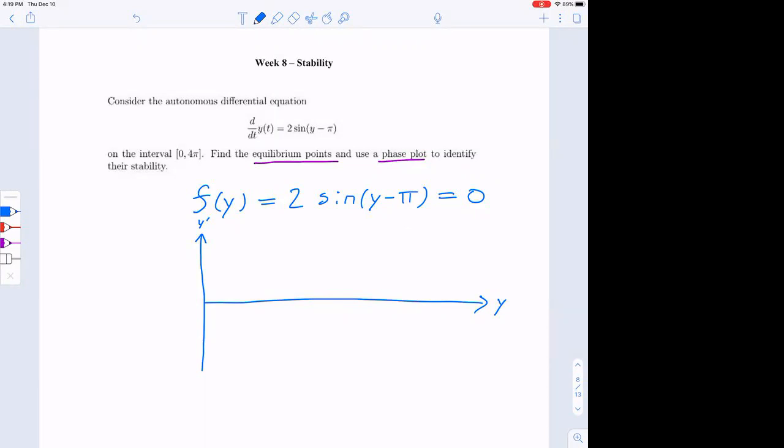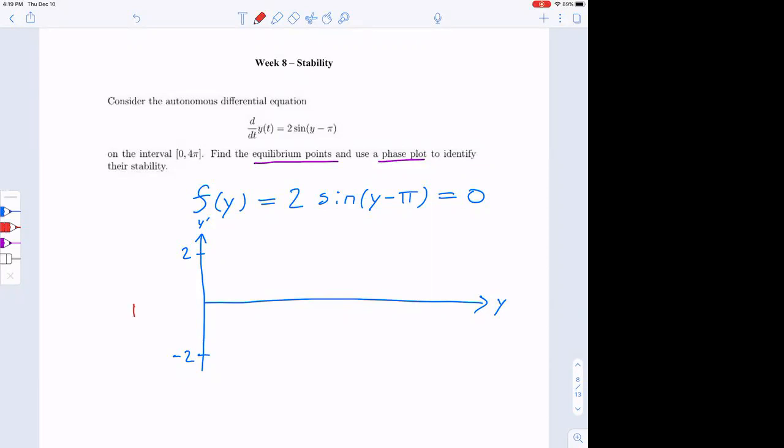It's a regular sine curve with some transformations. We're doing a vertical stretch by 2 units, so instead of bouncing between -1 and 1, we now bounce between -2 and 2. And then we've shifted everything to the right by pi units.